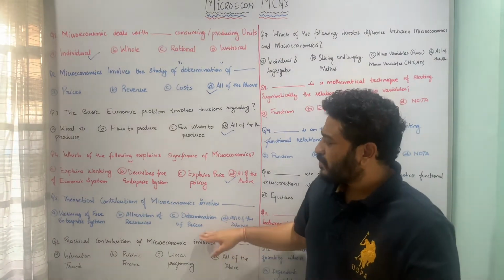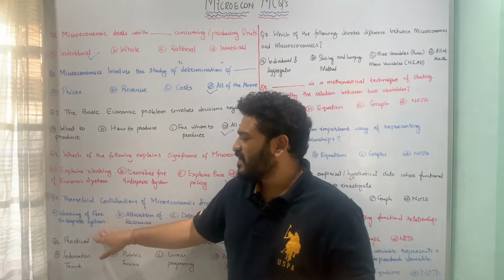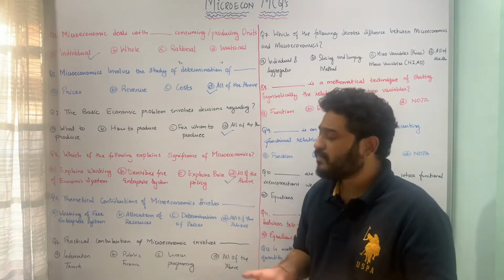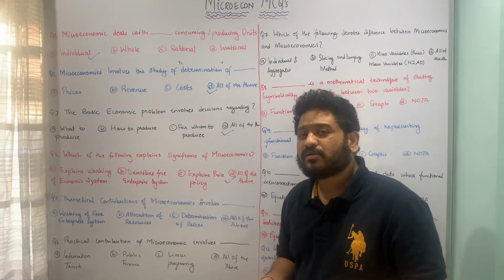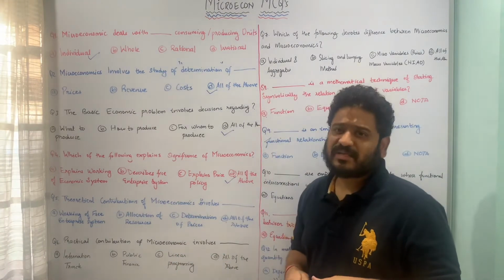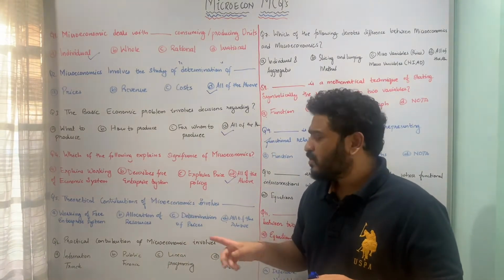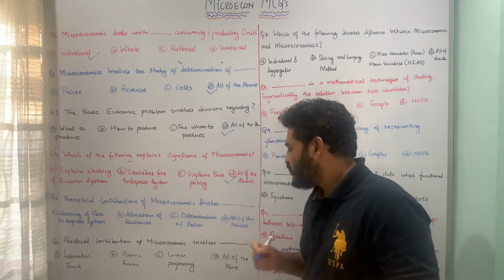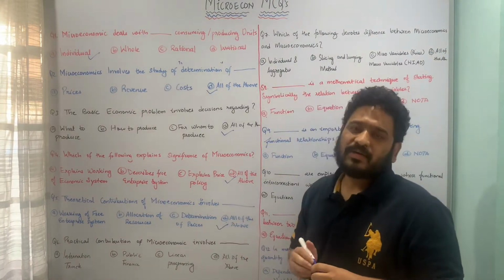So here, in a sense, all these three things, that is the explanation of working of a free enterprise system, or allocation and fuller utilization of certain resources, as well as determination of prices, denote the theoretical contributions of microeconomics, and therefore option D, all of the above, is the correct answer.